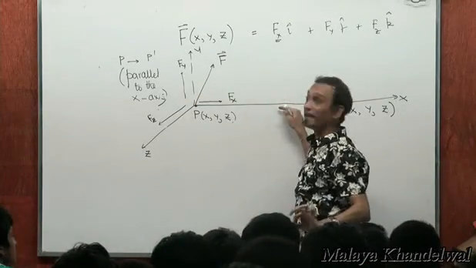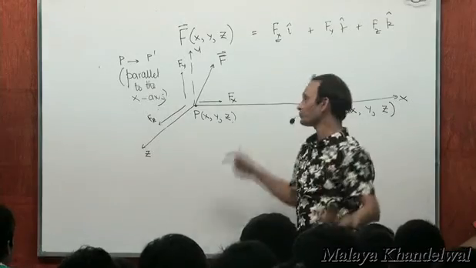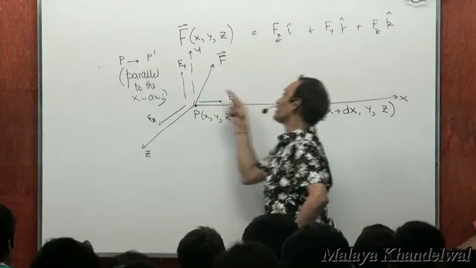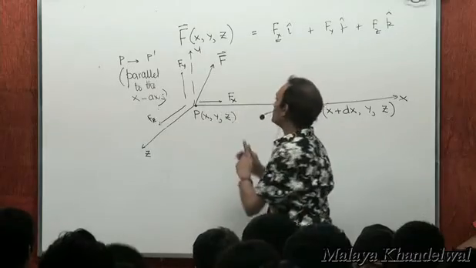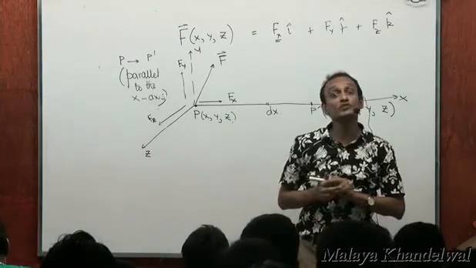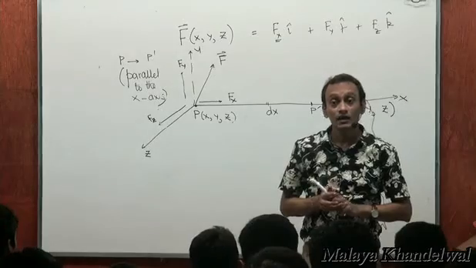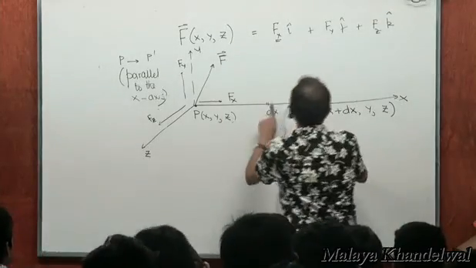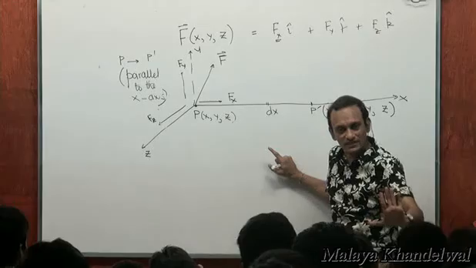So the work done by Fy is 0. Fz, work done is 0 because Fz and dx are perpendicular to each other. What's the work done by Fx? Fx into dx. Work done by Fx is going to be Fx into dx.